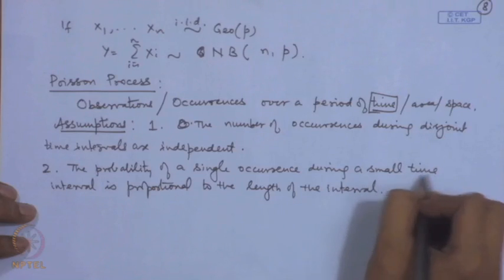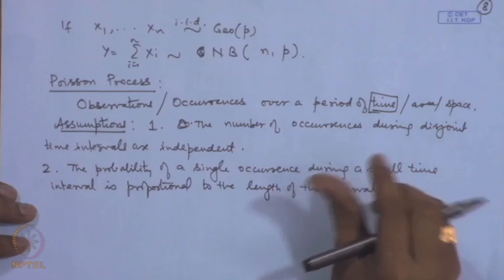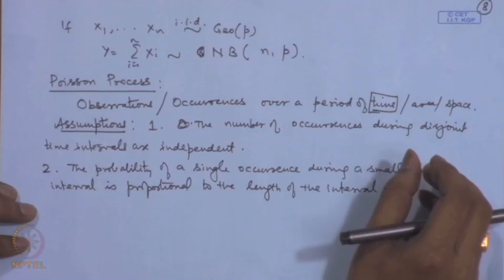Once again, if we replace the time by area, then it will be proportional to the area of that region. If we replace it by a region in space, then it will be proportional to the volume of that region, etc.